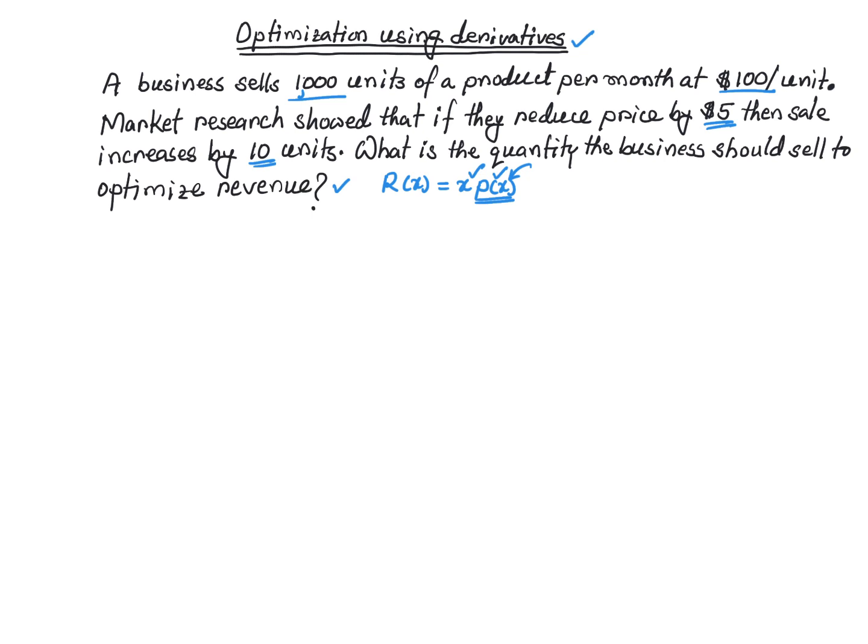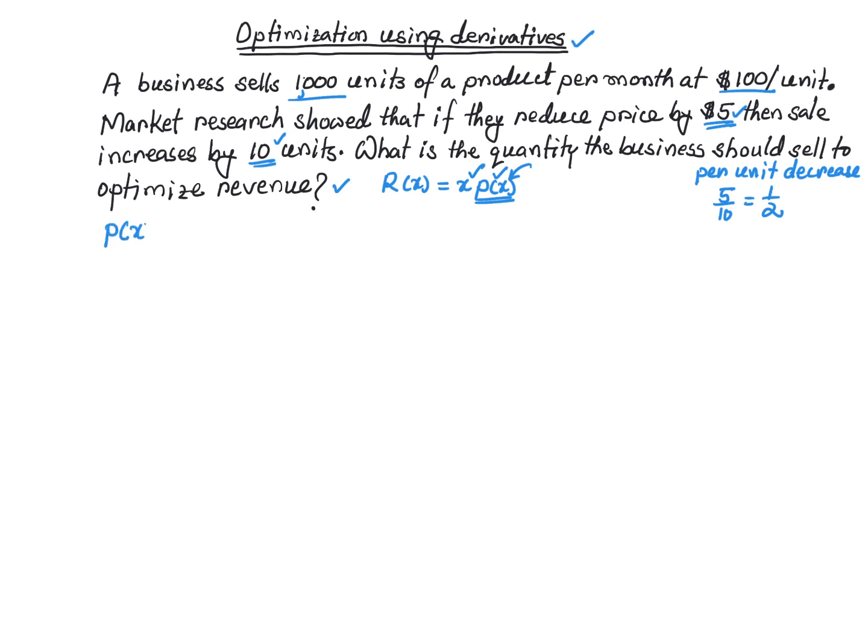Notice that they tell you for a $5 decrease in price, they sell an extra 10 units. So per unit decrease in price is going to be 5/10, which is just 1/2, right? So now let me get a price function, P of x.